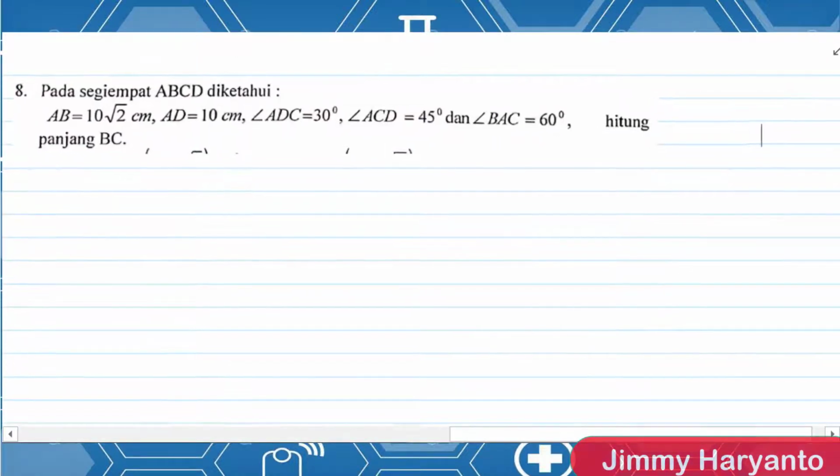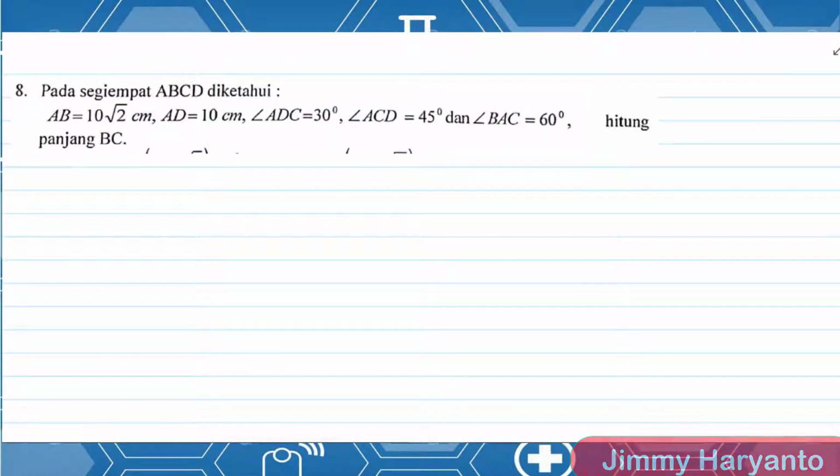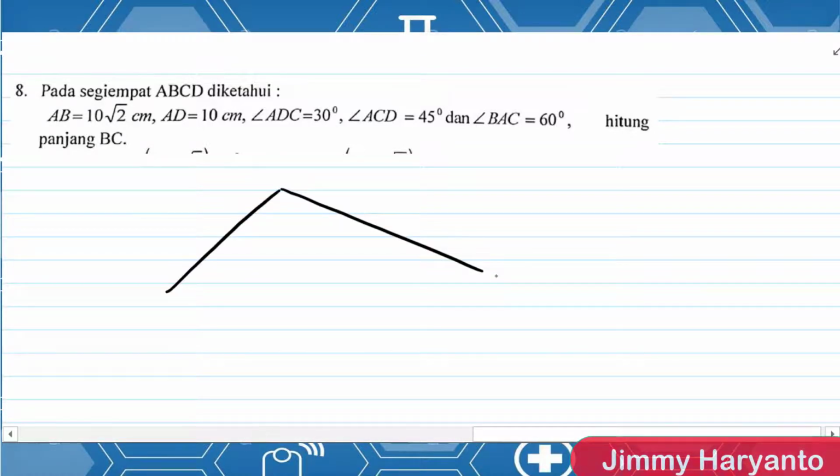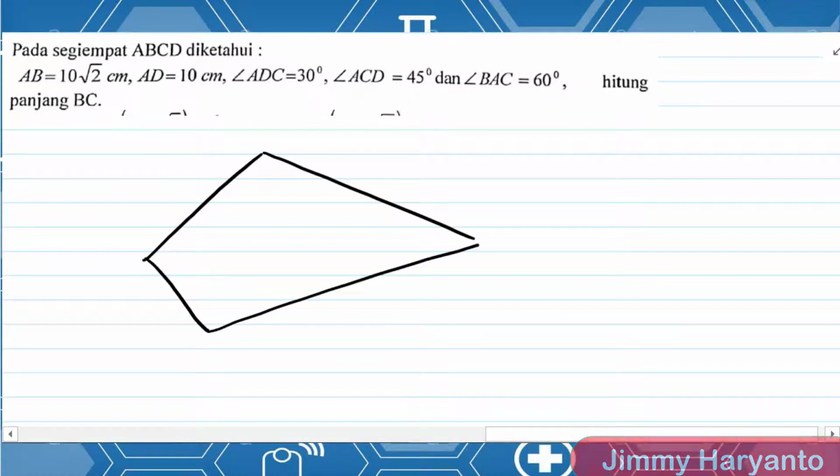Okay, next is number 8. For number 8, quadrilateral ABCD, which is like that. Calculate the length of BC. We don't know what type of quadrilateral it is, so I will draw randomly like that.